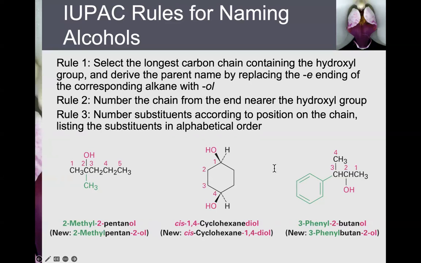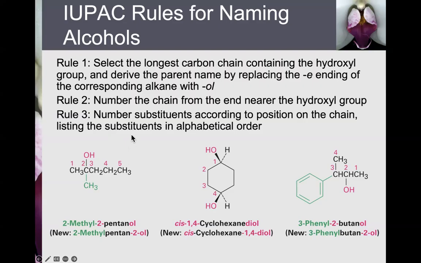And the last rule is to number the substituents according to their position on the chain and write the name listing the substituents in alphabetical order. This is also the usual rule in naming organic compounds: alphabetical order, and identify the position to which the OH is bonded.